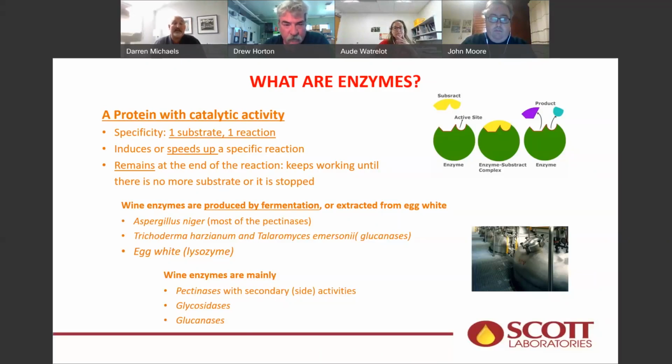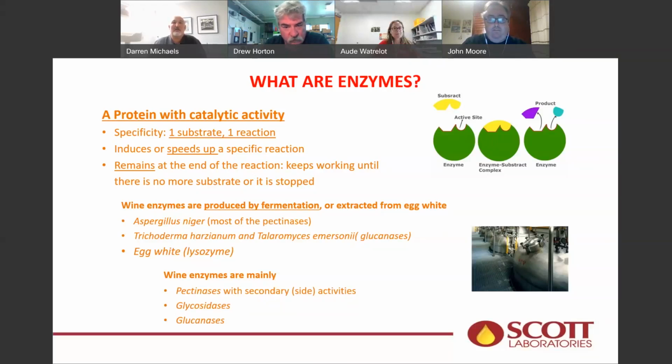Trichoderma harzianum is okay. It has a different usage specification or regulatory concept for TDB. So some larger wineries don't like to use glucanases if they can because it doesn't apply, but we don't have to get into that.